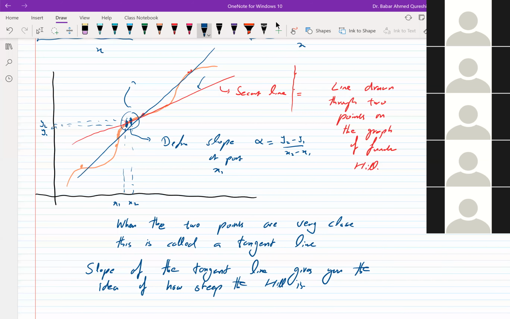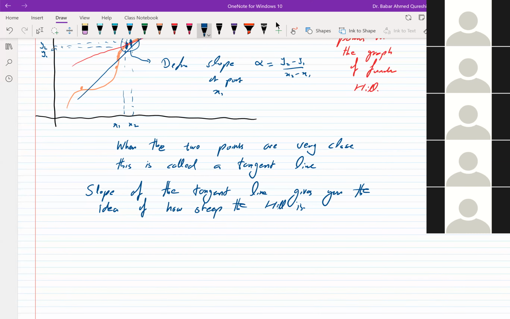In other words, the slope of this tangent line computes the rate of change at this point, which is the same thing as computing the derivative at this point.